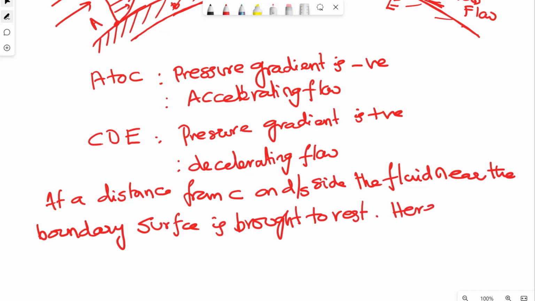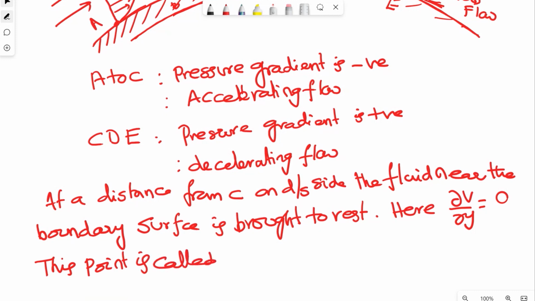Here, the velocity gradient ∂v/∂y is equal to 0. This point is called the separation point, that is D.